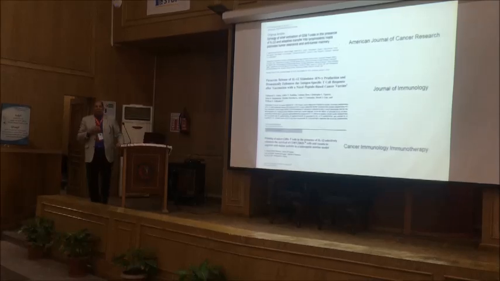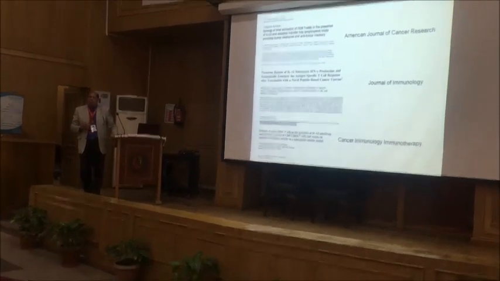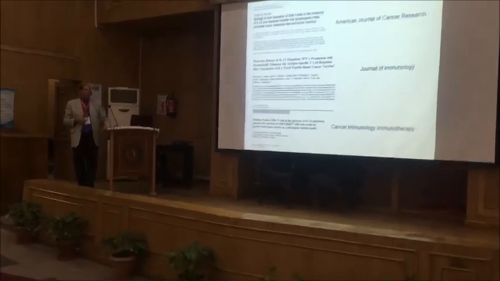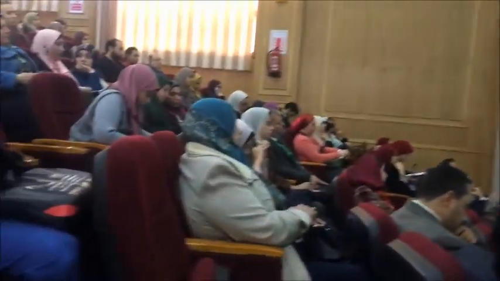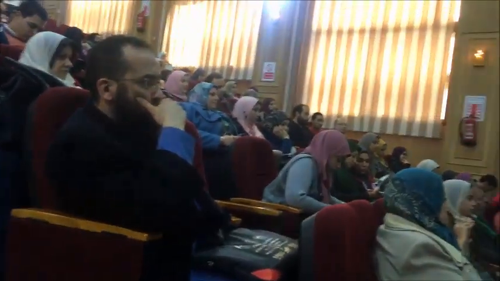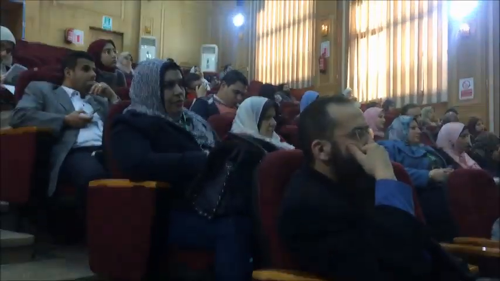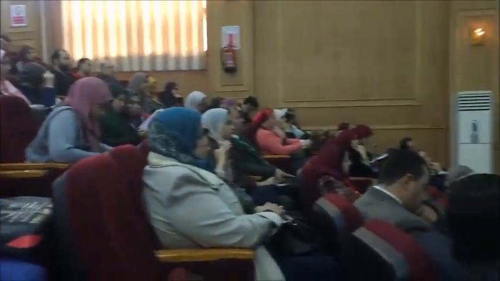At that time, we didn't know why IL-12 was doing so. Why IL-12, not IL-2 or IL-7 or IL-15, even though they are very effective cytokines. And we looked at one paper by the NIH group.